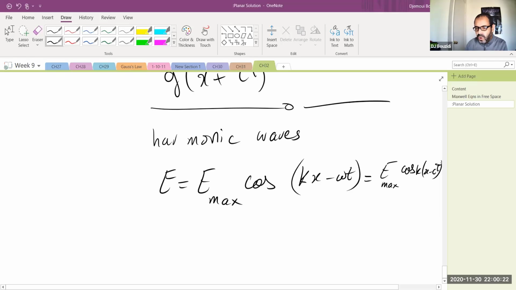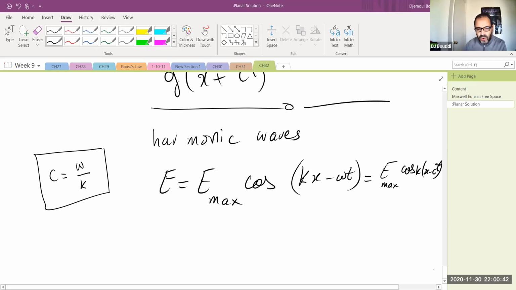Once I write it in this form, I know exactly what this c is related to. c is simply equal to omega over k. So this will become what is known as a dispersion law.